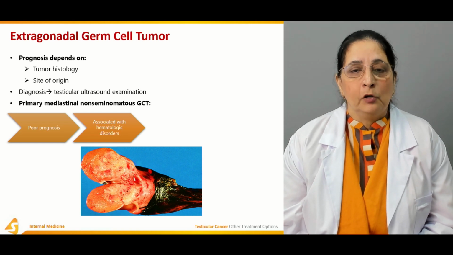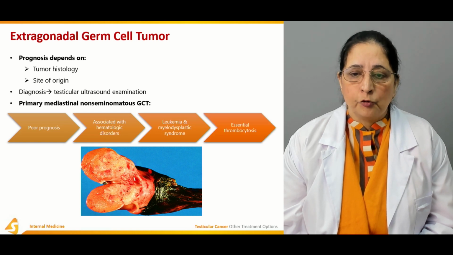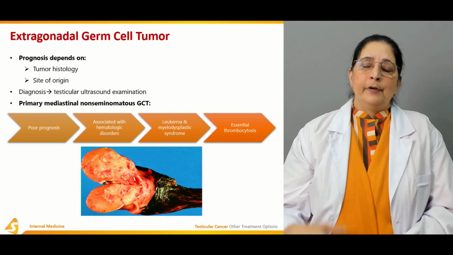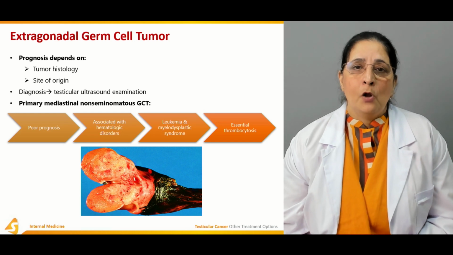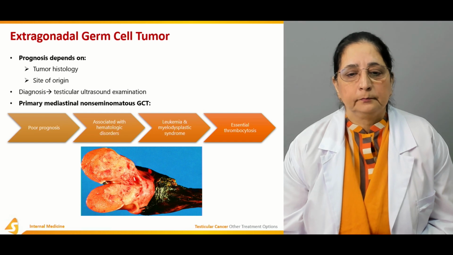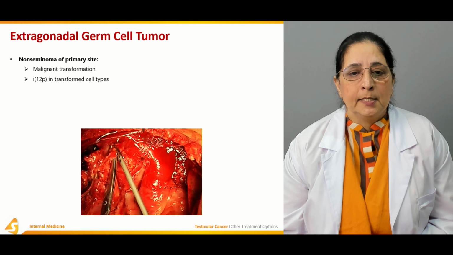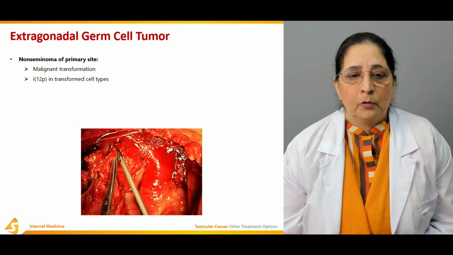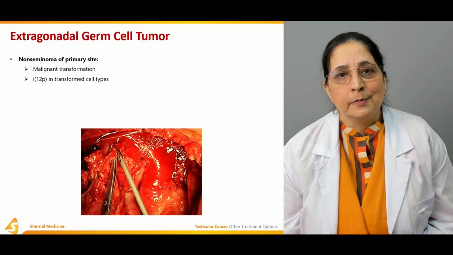It is associated with hematologic disorders such as leukemia, myelodysplastic syndromes, and thrombocytosis. Non-seminoma of primary site may show malignant transformation, with isochromosome 12p in the transformed cell type.